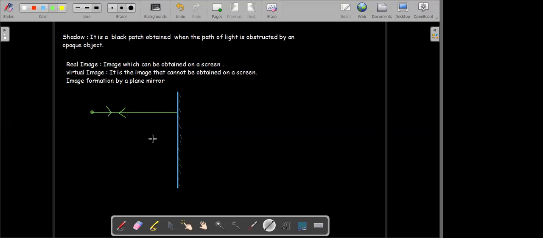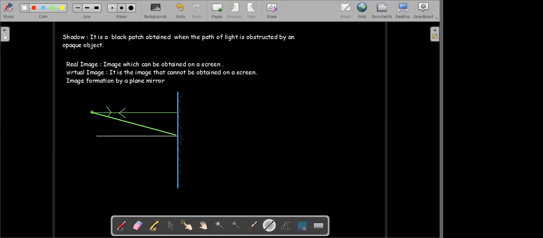Okay. Now let's say we take another ray of light. So here I take another ray of light which is falling on the mirror at some other place. So let's say it falls over here. Now from this place also, the ray of light gets reflected. Just taking the help of the normal, we draw the angle of incidence here.